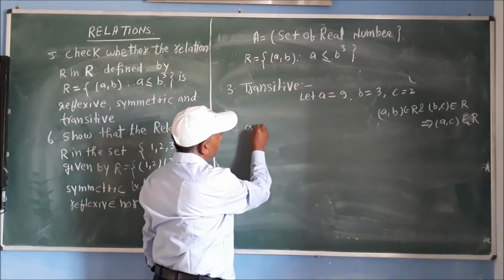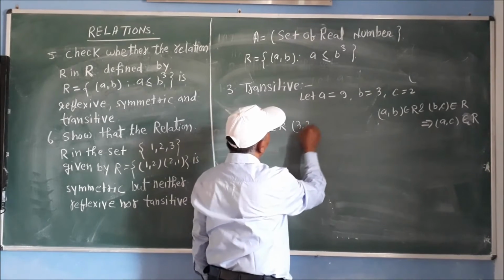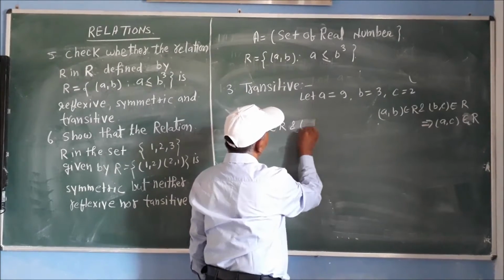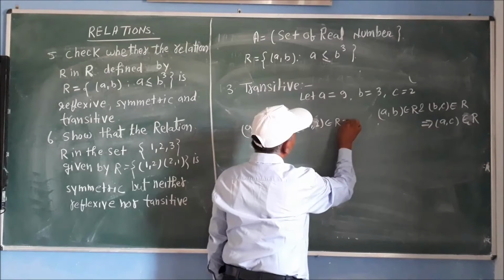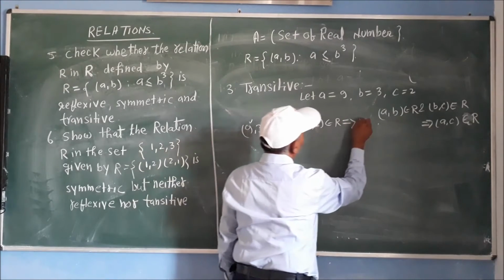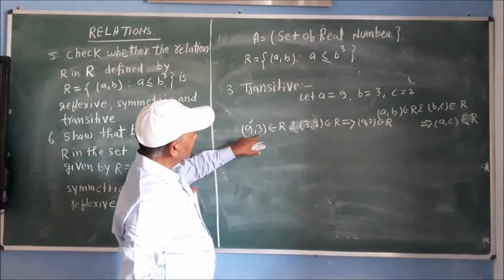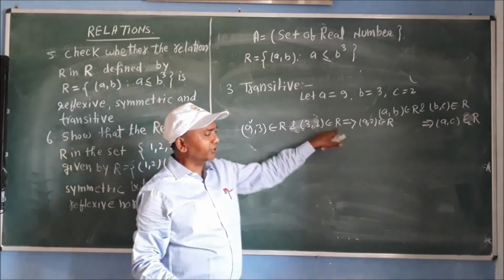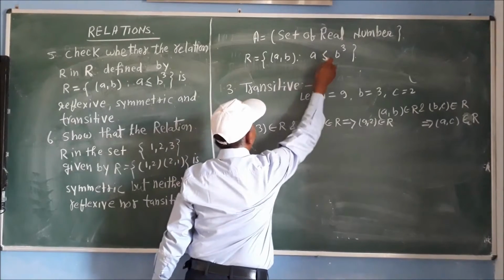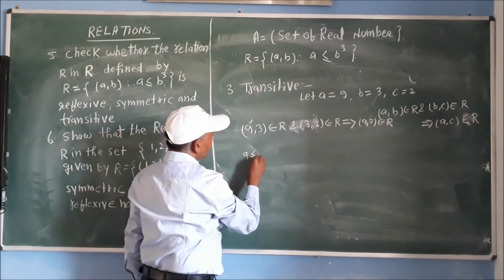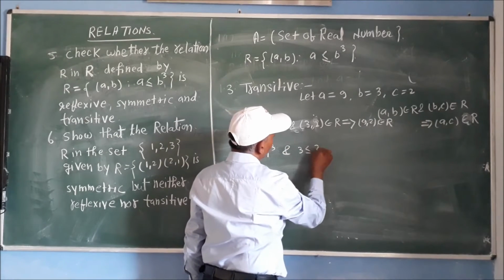That means we can write here (9, 3) belongs to R and (3, 2) belongs to R. This implies (9, 2) also belongs to R. So once again, check (9, 3) belongs to R and (3, 2) belongs to R. So for (9, 3), the property is a ≤ b³. So 9 ≤ 3³ and 3 ≤ 2³.